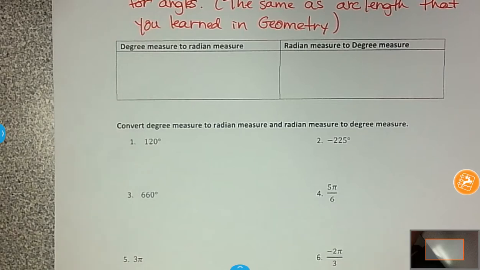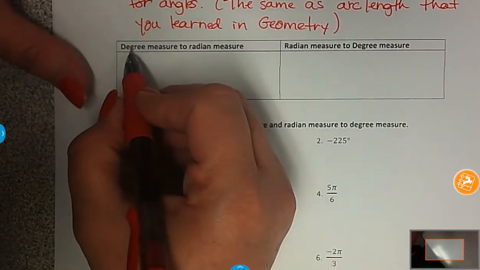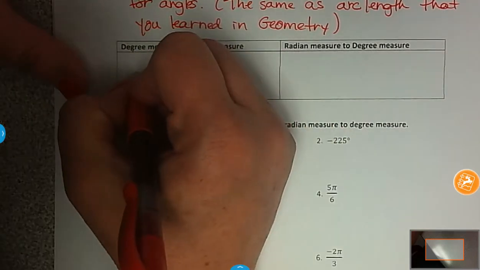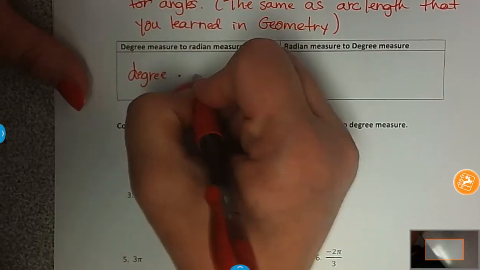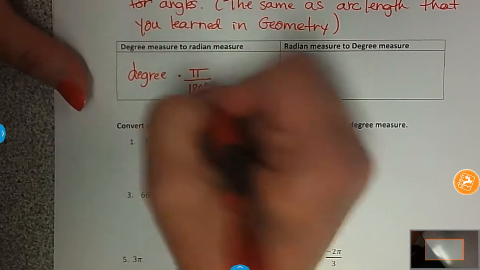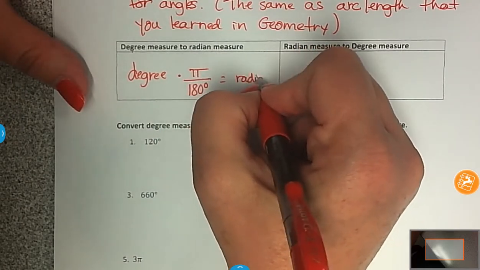Well, for our purposes, because every circle is going to have a radius of 1, it's a little bit different. So here's what we're going to do. If you're going to go from degree measure to radian measure, here's your formula. Degree times pi over 180 degrees is going to equal your radian measure.